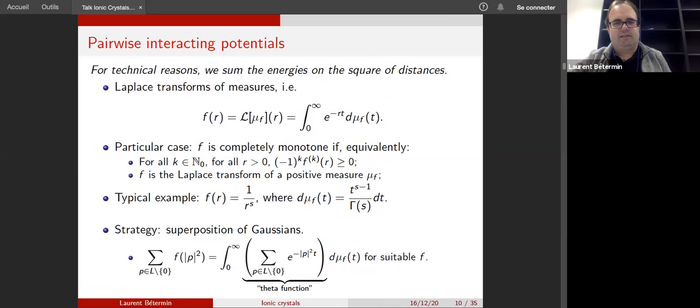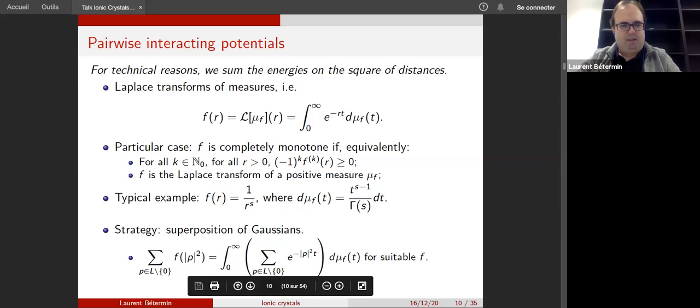Then we know that it's a completely monotone function, meaning that the derivatives of the function alternate in sign, and that's due to Bernstein. And a typical example of such potentials is the inverse power law. All these inverse power laws can be written as the Laplace transform of this measure, which is positive, of course.